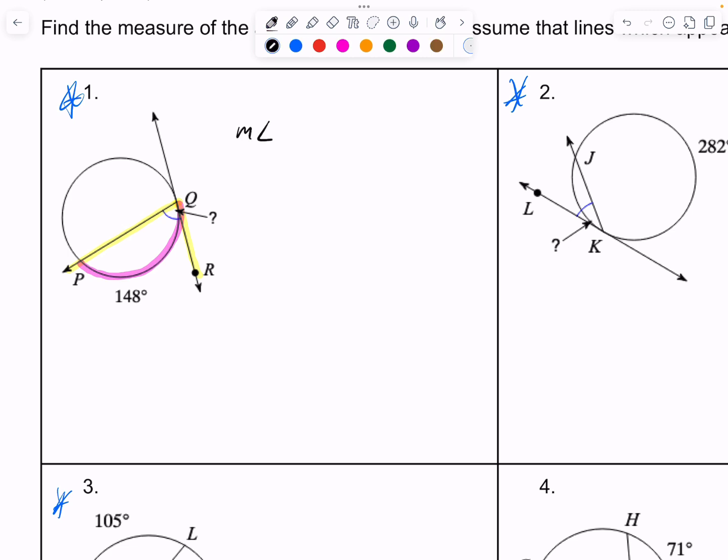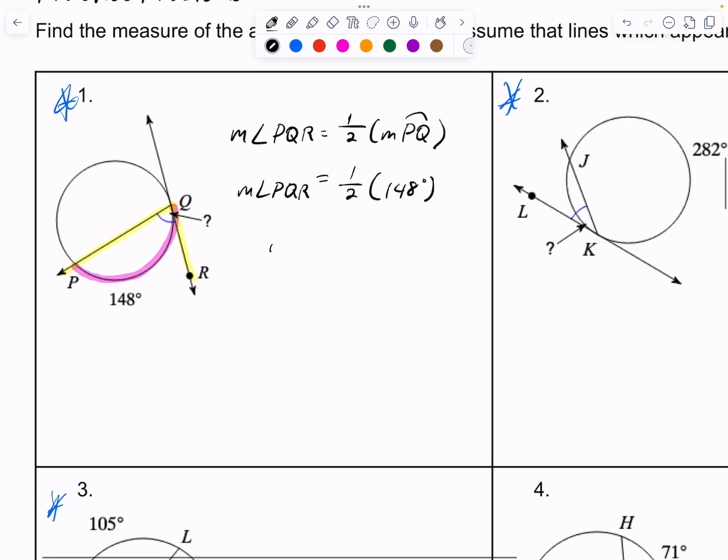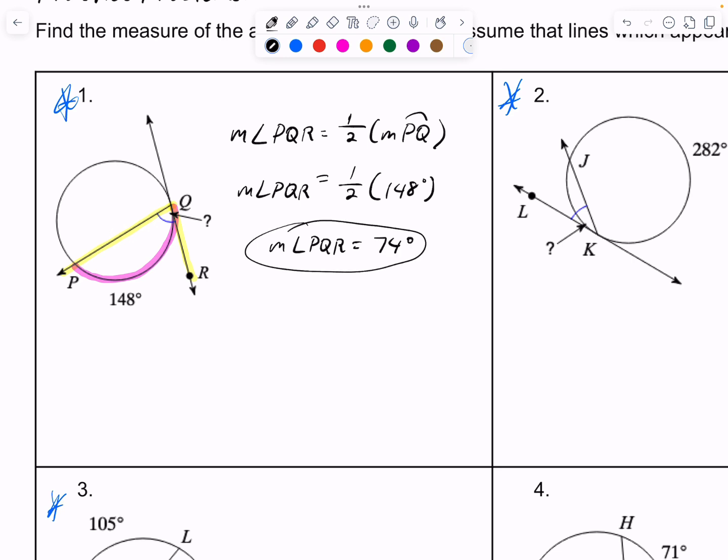So the measure of angle PQR is equal to 1/2 times the measure of arc PQ. I'm going to plug in 1/2 times 148 degrees, which would give me the measure of that angle. And half of 148 degrees is 74 degrees. So this is the first one.